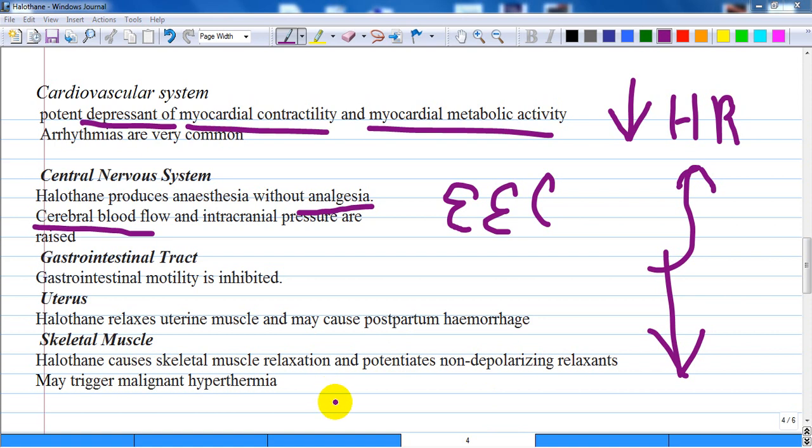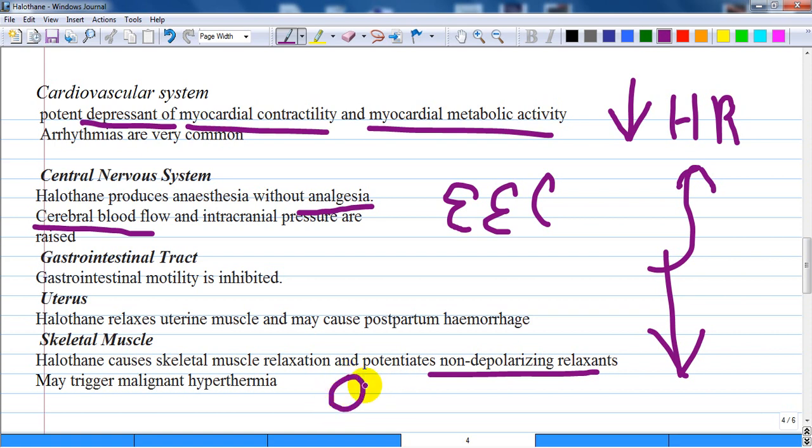How about skeletal muscle? It causes skeletal muscle relaxation and potentiates non-depolarizing relaxants. Postoperative shivering is common, as it increases oxygen requirements and results in hypoxemia unless oxygen is administered.